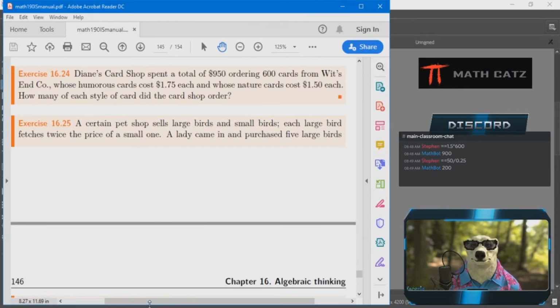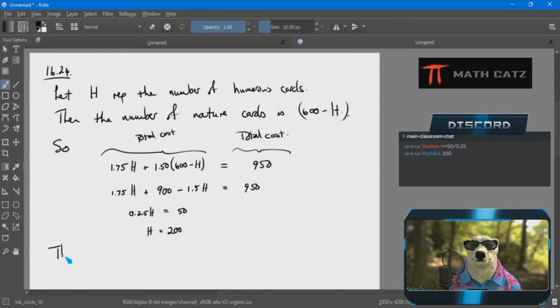It's always nice to look at the question and check. What were they asking again? I want to phrase my concluding sentence in a similar way to their question sentence. How many of each card did the card shop order? So, okay. They ordered 200 humorous cards and therefore 400 nature cards.